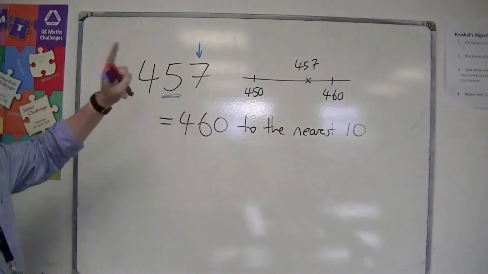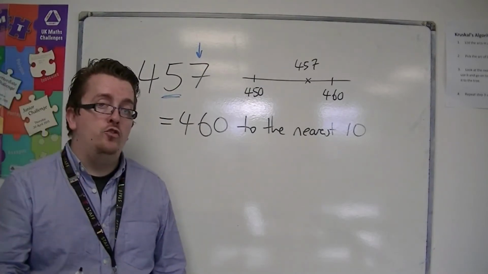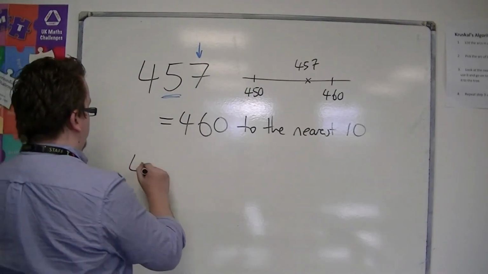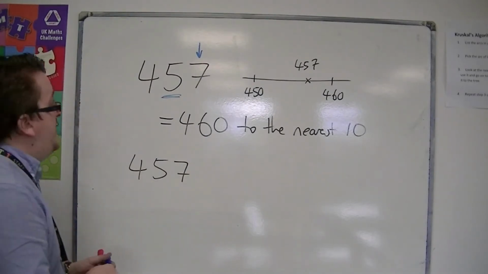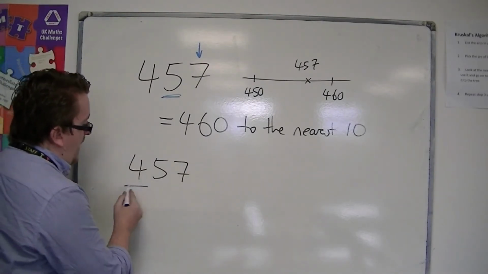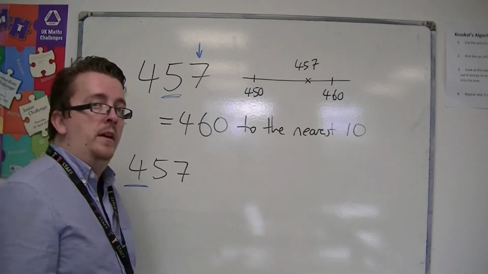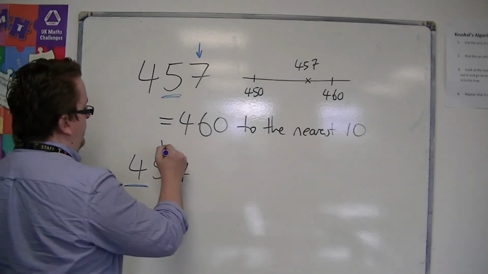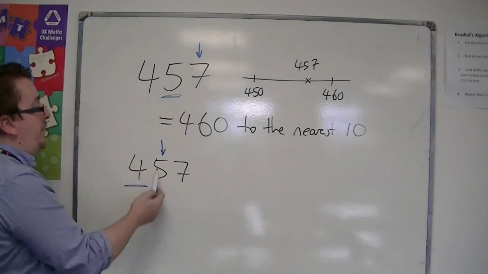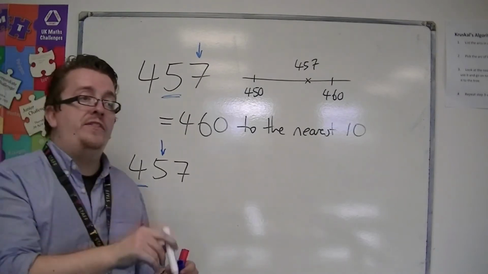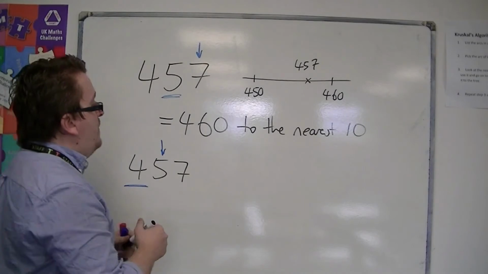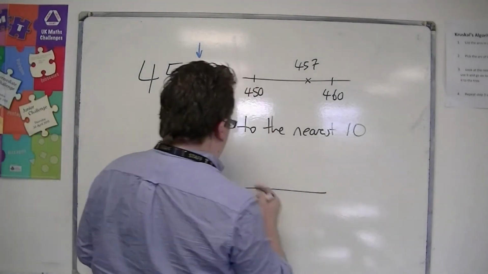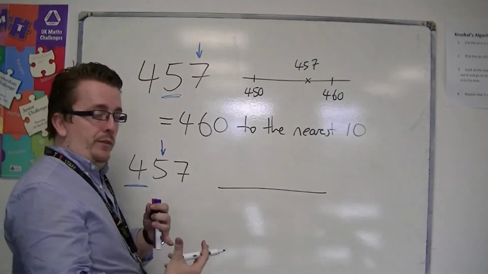Now if you were going to round this to the nearest 100, to the nearest hundred, we're now looking at the hundreds column, and you look one to the right. Okay, so it's exactly the same process, but the question is identifying which number we need to be looking at. We've now split up our number line into hundreds.